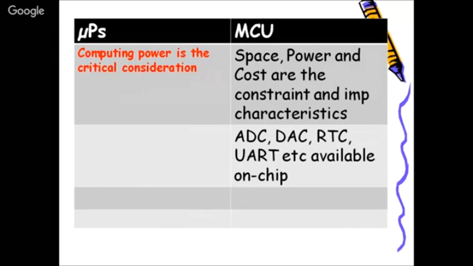The microcontroller as such is recognized and known by these three features: cost effectiveness, space effectiveness, and power efficiency. And the peripherals, analog and digital, like we saw yesterday in the mixed signal controllers, are available on chip.